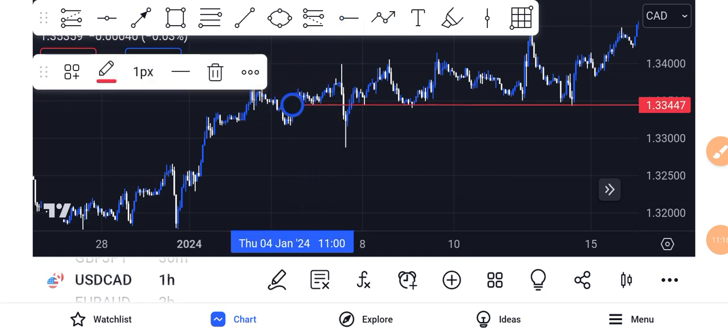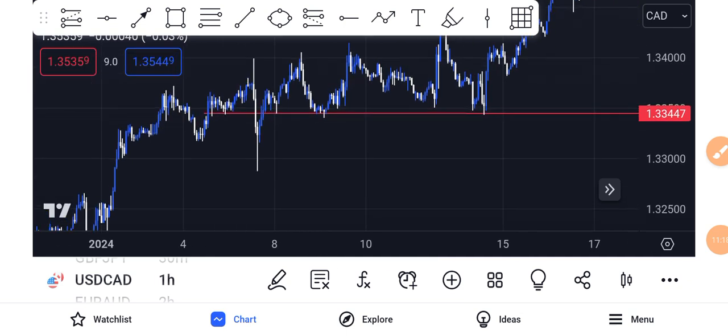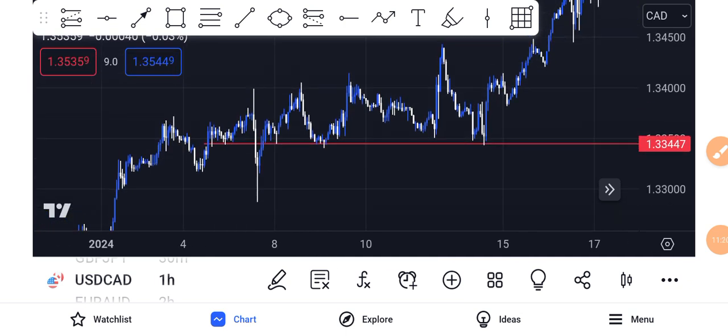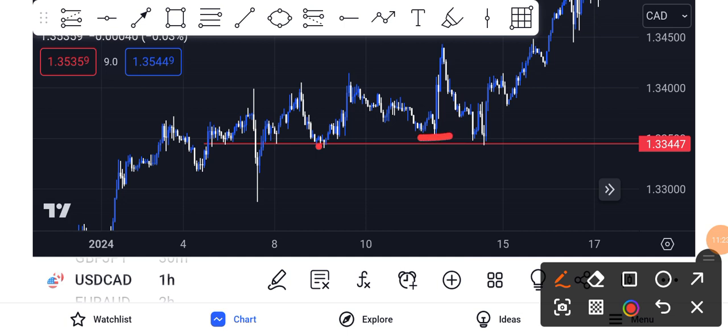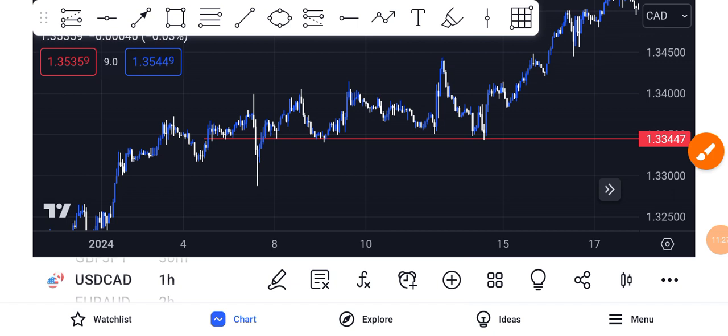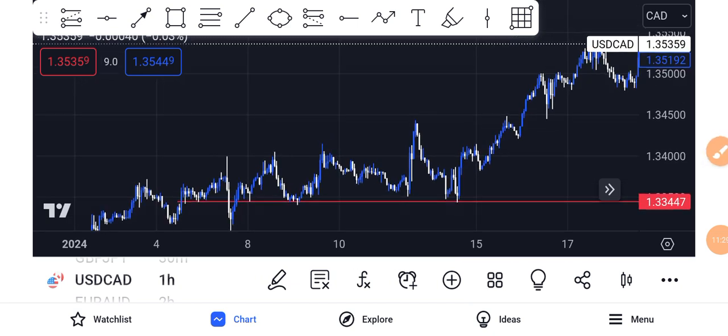Like here, you can call this zone a support zone because the market has been struggling to break through the zone a number of times to no avail. All right, so we call that a support zone, and we call the one above a resistance zone.